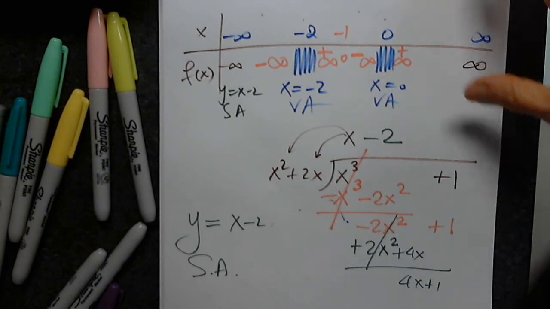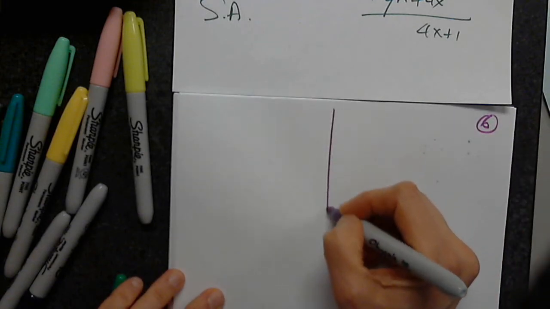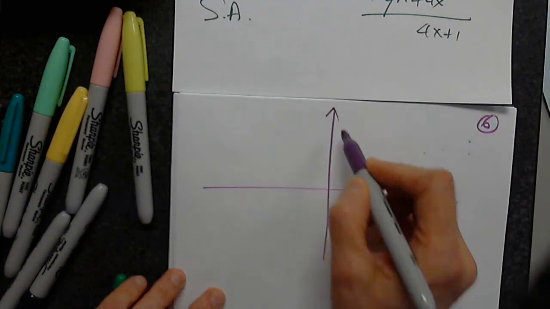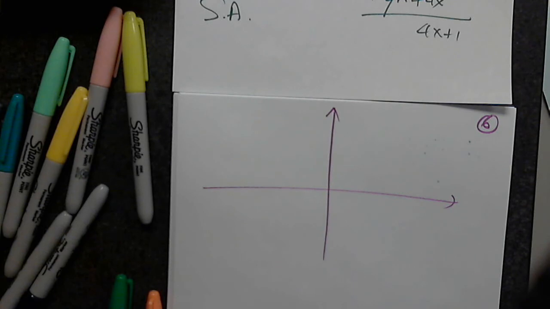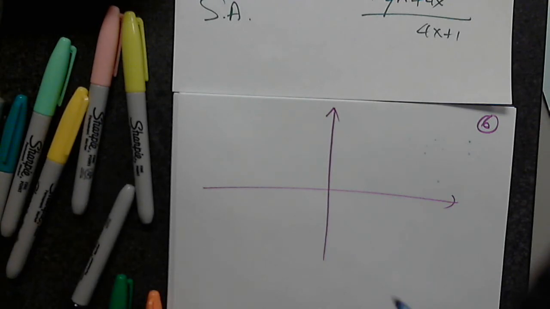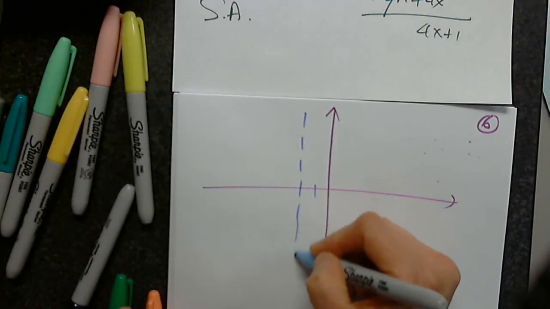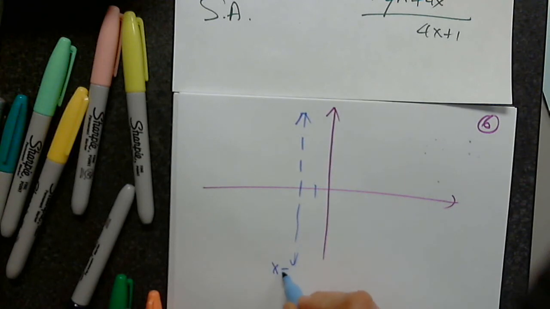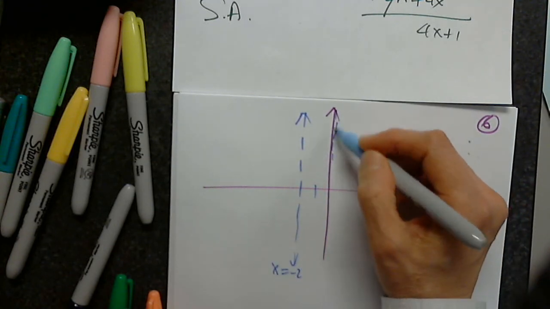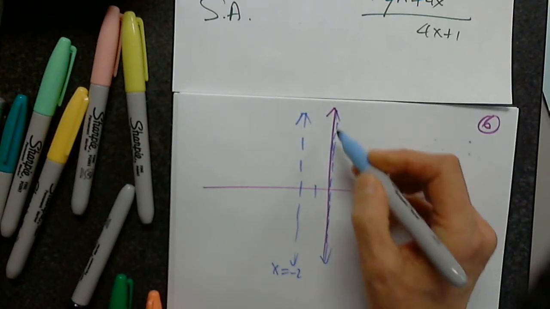When I graph a function with asymptotes, what do I have to graph first? The asymptotes. Let's start. Negative 2. 0 is an overkill because it's already there.